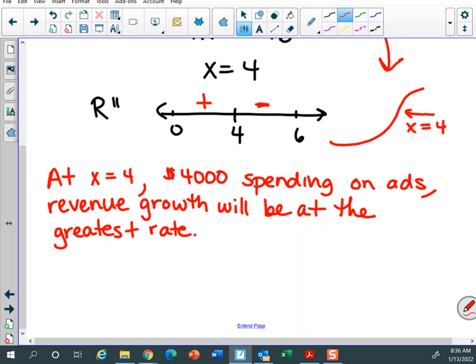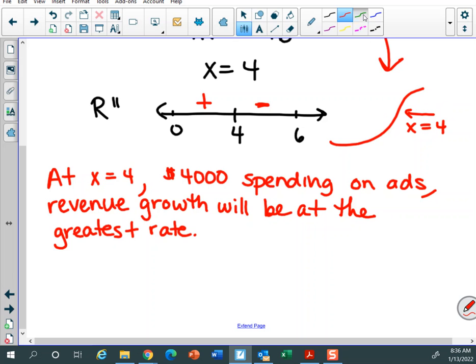Sometimes it's not about being at that point, it's about being close to that point. So we know if we're spending like $3,500, if we're spending in the range of $4,000, those are still powerful advertising dollars, and they're growing our revenue aggressively.